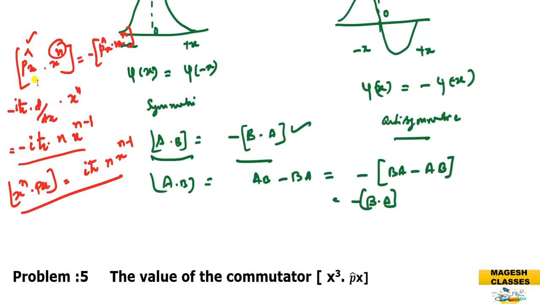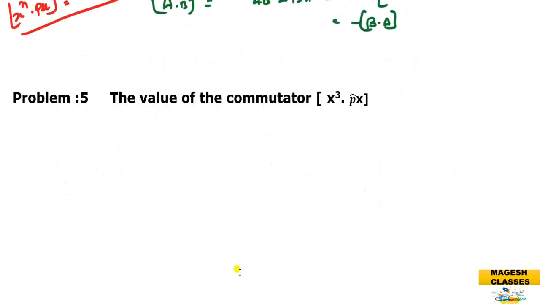So you can write that the commutating operators are antisymmetric in nature. Using this relation, one problem is discussed. The value of commutator x cube, Px is equal to, simply say it is equal to minus of commutator Px, x power 3. Clear? So what is the value of this commutator?